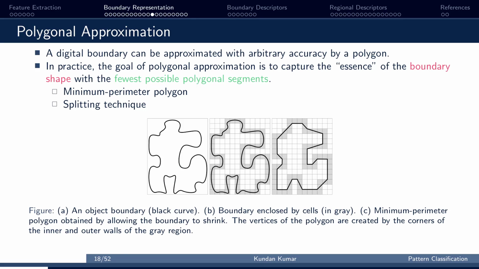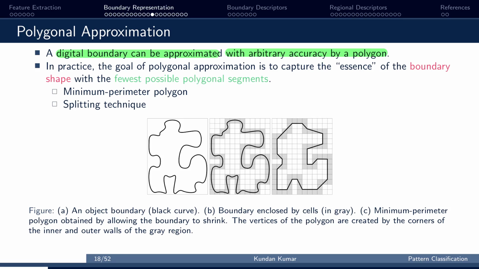So our next topic is polygonal approximation, the approximation of the boundary. That means a boundary will be approximated using line segments, and those line segments will generate a polygon. A digital boundary can be approximated with arbitrary accuracy by a polygon.